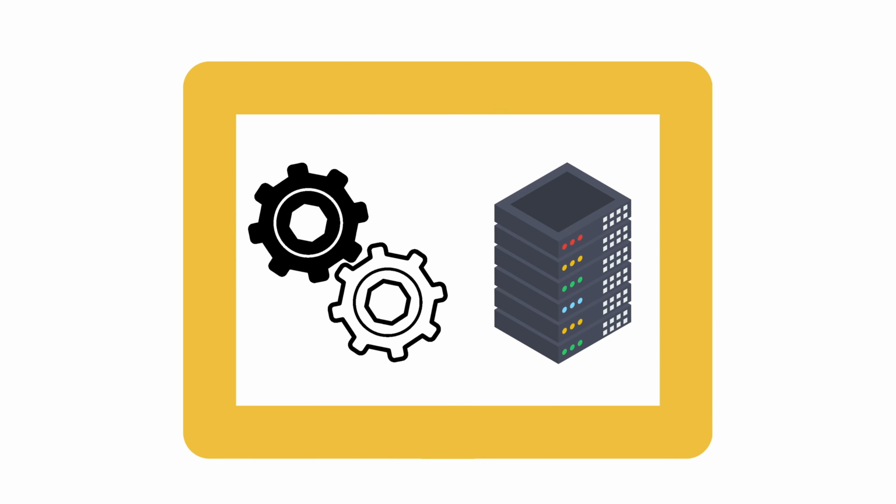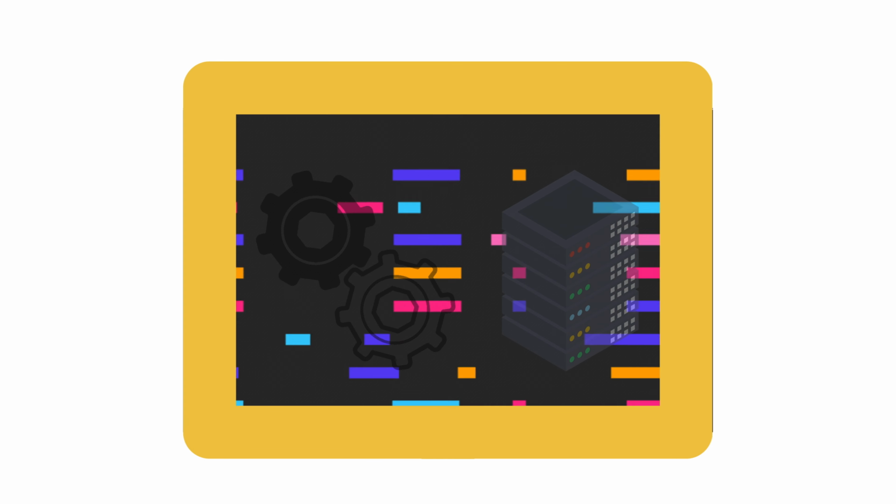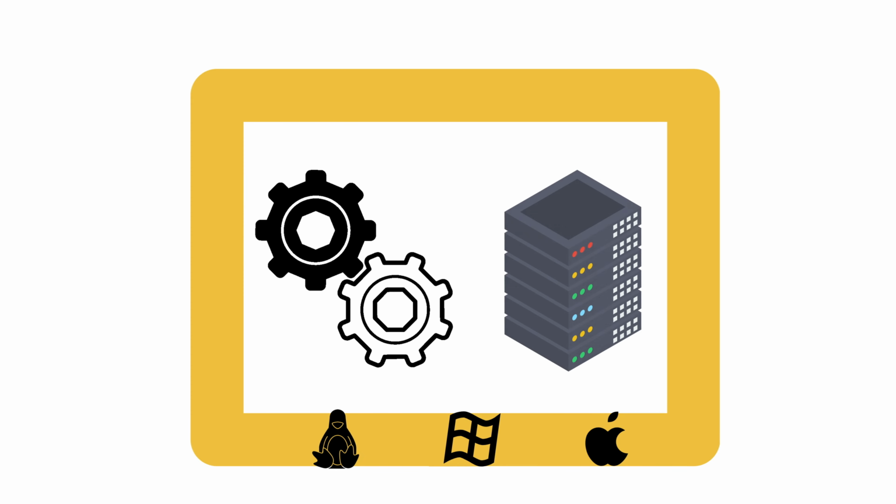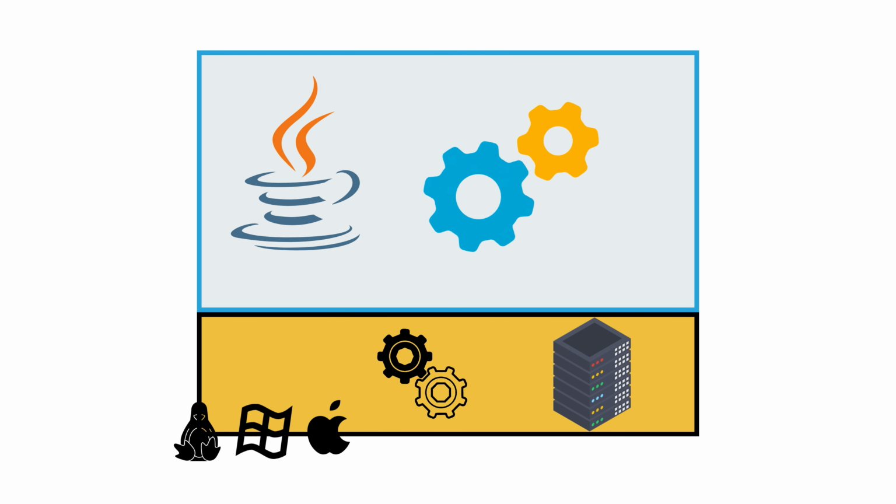A platform is the hardware or software environment where a program runs. Common platforms include Windows, Linux, and macOS. Most platforms combine an operating system and hardware. But Java is different. The Java platform is a software-only platform that runs on top of other platforms.